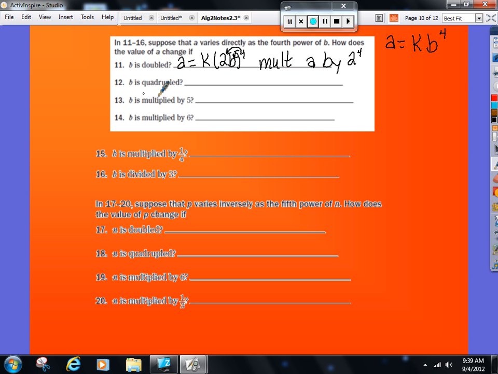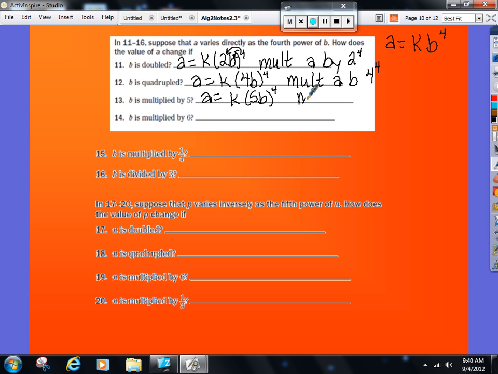What if I quadruple b? Well, that means a equals k, not double, so not 2b. This time I'm going to have 4b to the fourth. A is also going to get bigger still, so I will multiply a by 4 to the fourth. What if I multiply b by 5? A equals k times 5b to the fourth.